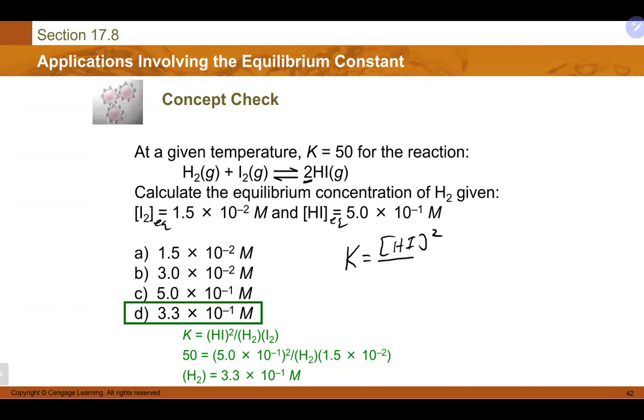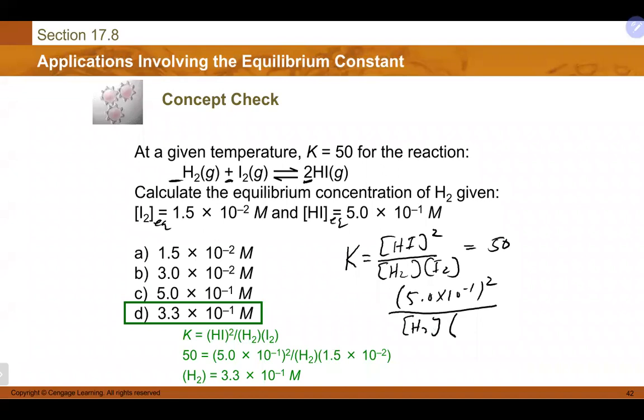We would divide it by our reactants, H2 and I2. Each of the coefficients here is 1, and that would equal 50. In this case, we have HI given to us, so we have 5 times 10 to the minus 1, and we square it, divided by H2, which is what we're looking for, and our I2 concentration of 1.5 times 10 to the minus 2, equals 50.